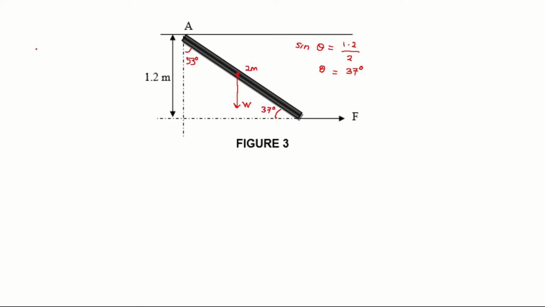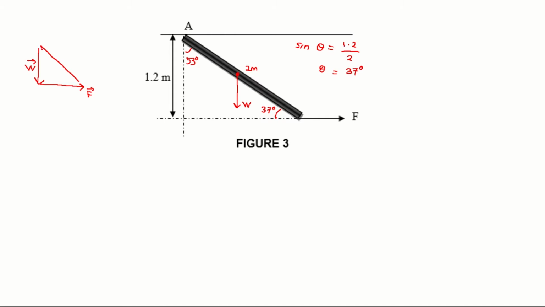Make sure your polygon is closed. Here is weight, then continue to force F. We have only two forces, so it means that the polygon is not closed. So we need to close it.